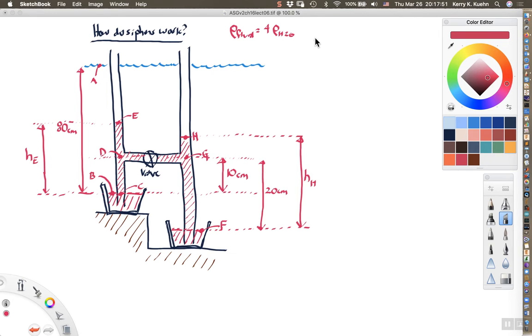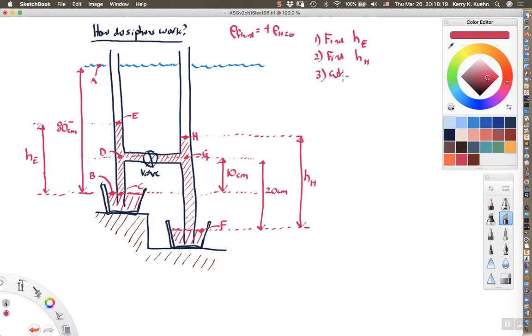And what we want to do is find, first of all, the height of point E. And secondly, we want to find the height of point H. And third, we want to find whether or not fluid, when we open the valve, moves to the right or to the left.